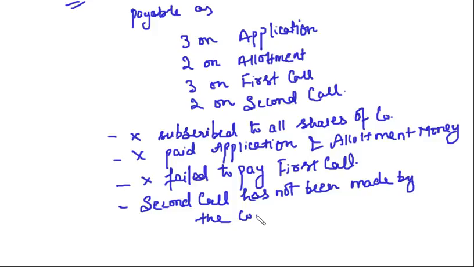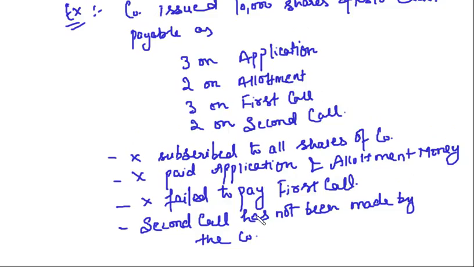Clear? So this is the question. Write down this example. We are going to solve this practical problem, and through this practical problem we are going to understand the forfeiture of shares, right? We are going to do just the basics of forfeiture in this lecture. Don't worry, just keep your minds open, and keep in mind what we have studied so far in the lectures of share capital.